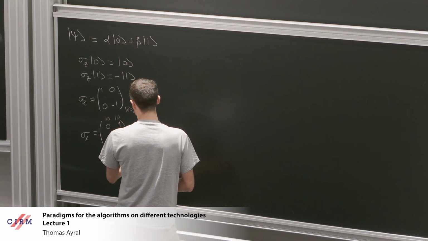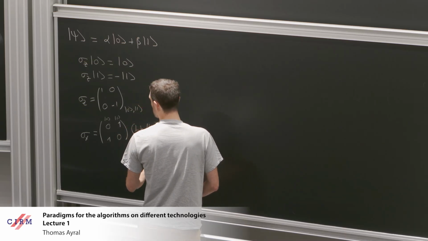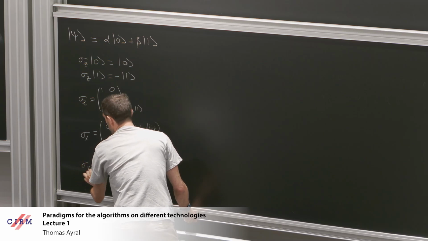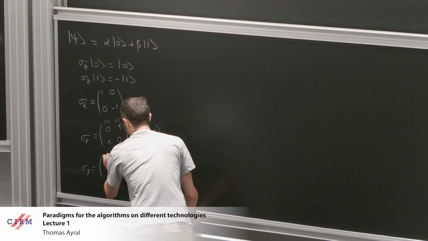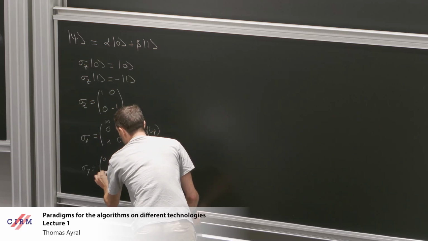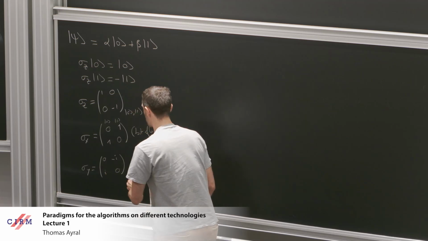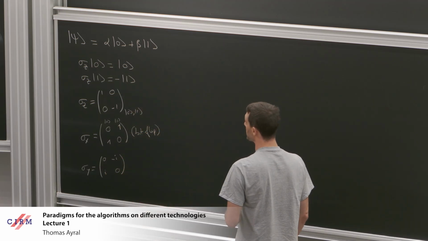So that's also what some people call the bit flip matrix. And last, I will also use extensively the sigma y matrix, which is defined in this way, here with -i, the complex number i, 0, still in the basis 0 and 1. So these will be the basic algebraic blocks I will use.